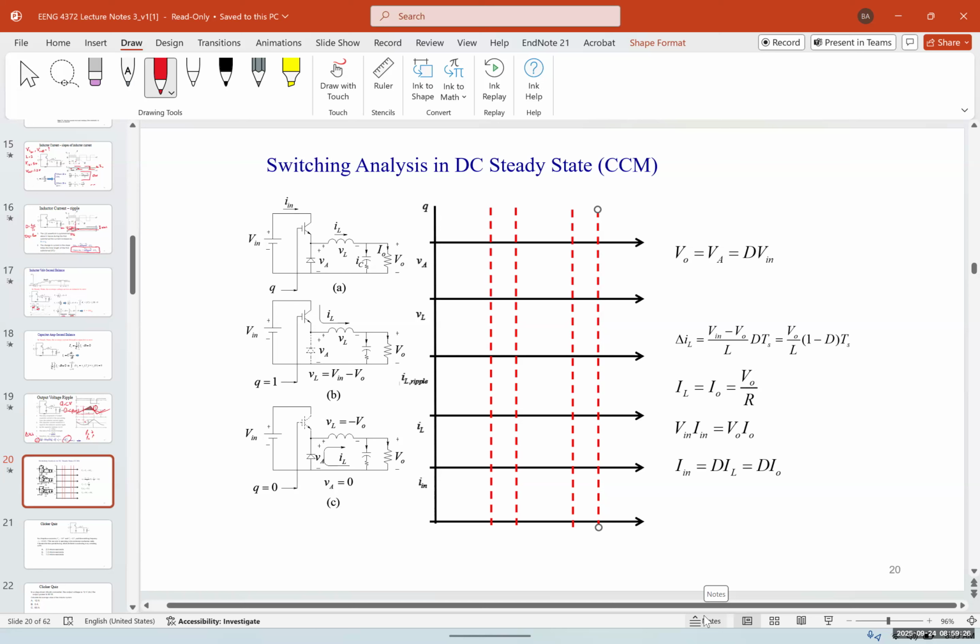Why? Because we assume that this is an ideal situation, and Pin is equal to P out. And Iin is equal to D times IL, which is D times I out as well. Again, because we had assumed that this is an ideal situation, we don't have any loss in the system.